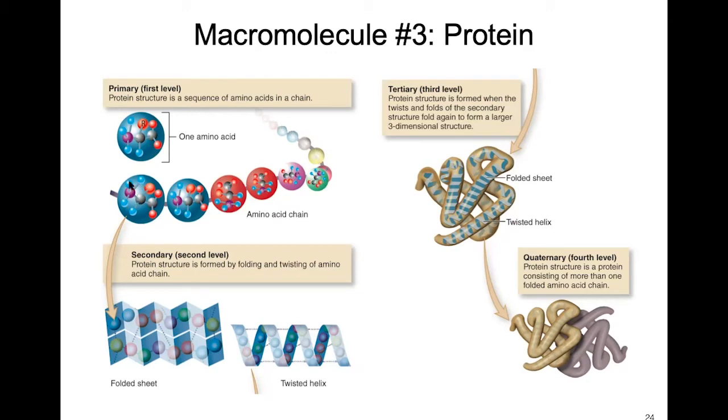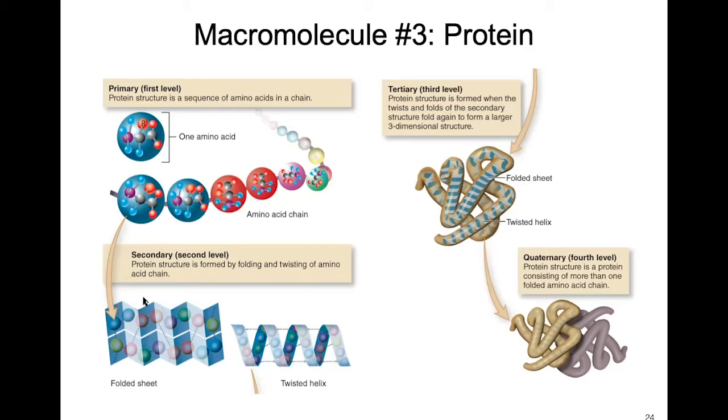Based on how each of these amino acids is lined up in this polypeptide chain, the next structure, known as the secondary structure, is either going to start folding into what's known as beta pleated sheets, or it'll start twisting in different regions, which is known as an alpha helix.